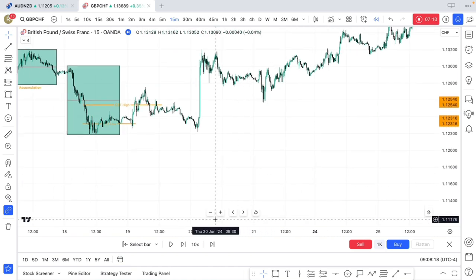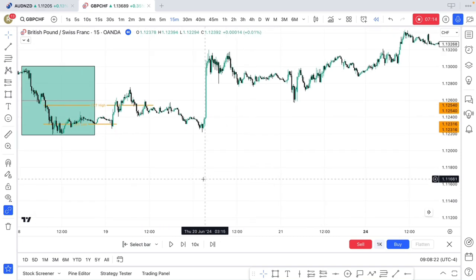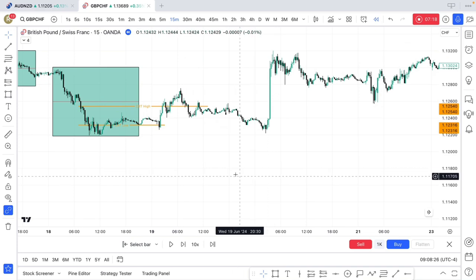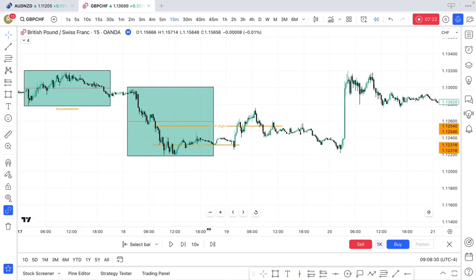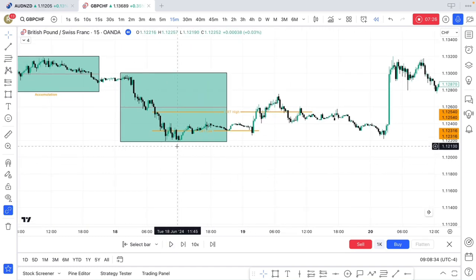You are going to look for the last candle that closes below. You are going to look for the last bearish candle, the down close candle. So this is the last down close candle, the last thick candle at 9:15.